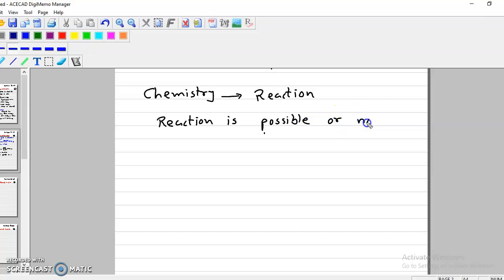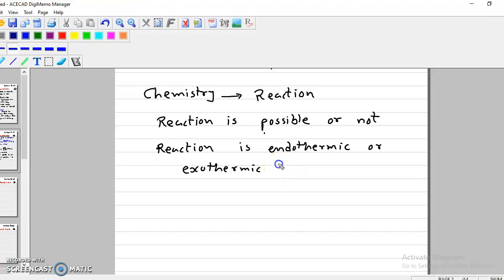And the second thing, whether the reaction is endothermic or exothermic. Endothermic means we need to give energy to the system, or exothermic, that means during this reaction energy is released.